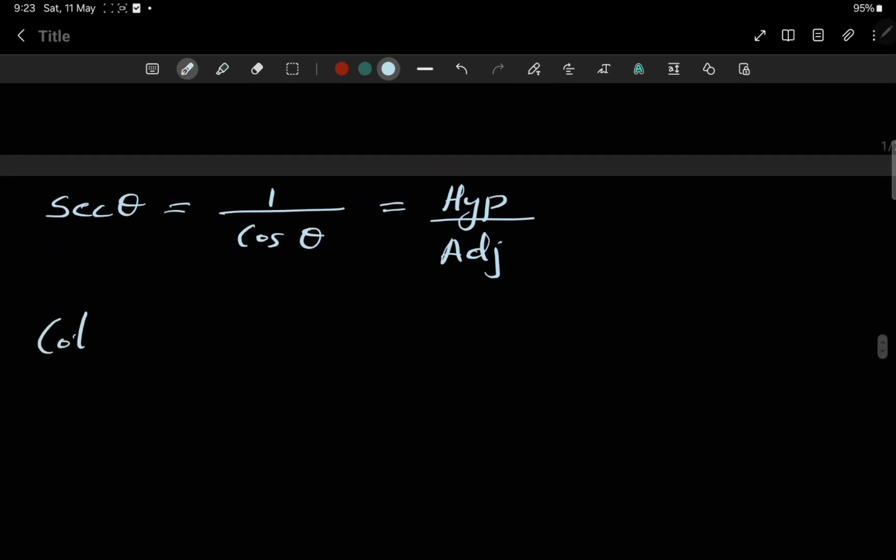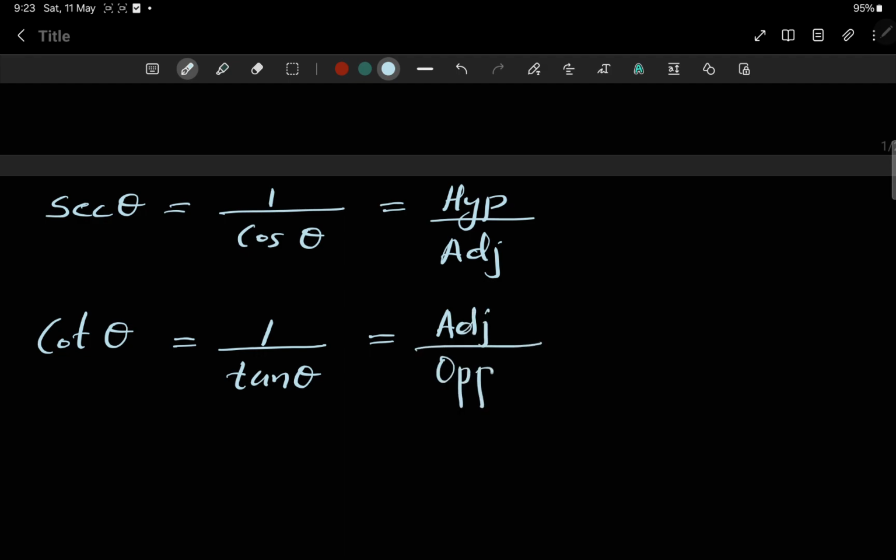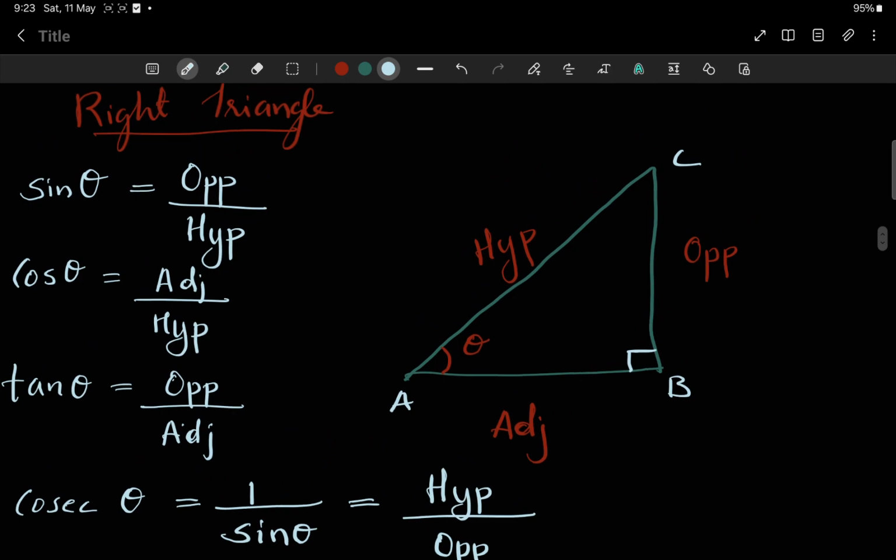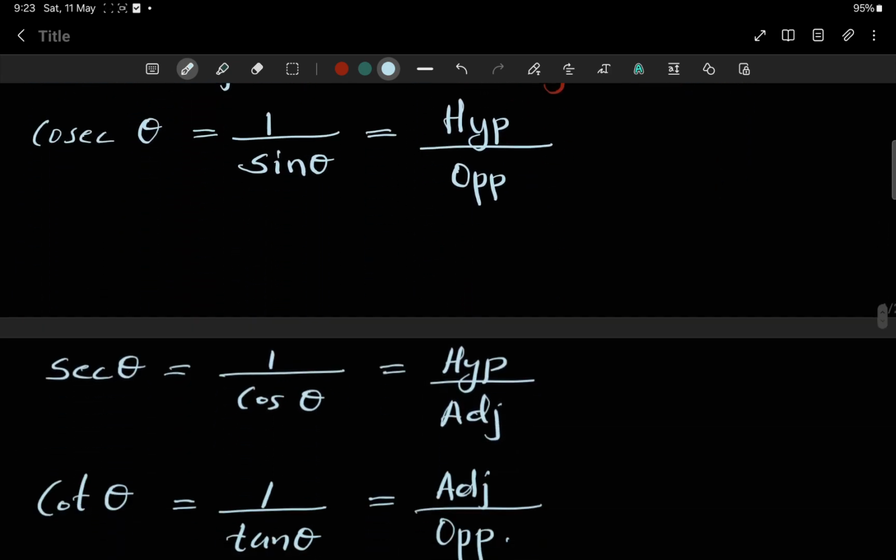Next one is cot theta, which is equal to 1 by tan theta, which is adjacent side by opposite side. You should remember all these trigonometric ratios by heart, because we will be using them all across this trigonometry.